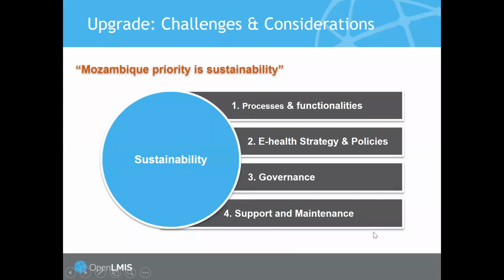There is a wide variety of factors that affect the sustainability of information systems, and health information systems in particular. But we brought here only 4, and many of those factors can fall under one of these 4. We are going to highlight the processes and functionalities, the e-health strategy and policies, governance, and support and maintenance.